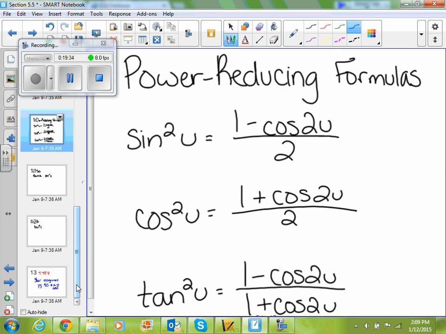Your power reducing formula for sine squared is 1 minus cosine of 2x over 2. For cosine squared, it becomes 1 plus cosine of 2x over 2. And for tangent, it becomes 1 minus cosine of 2x over 1 plus cosine of 2x. And you use those when you're trying to get rid of your exponents.